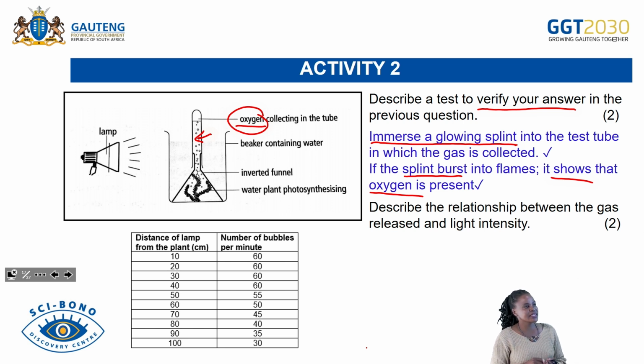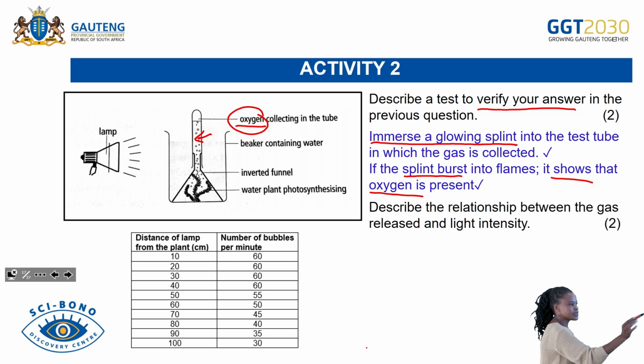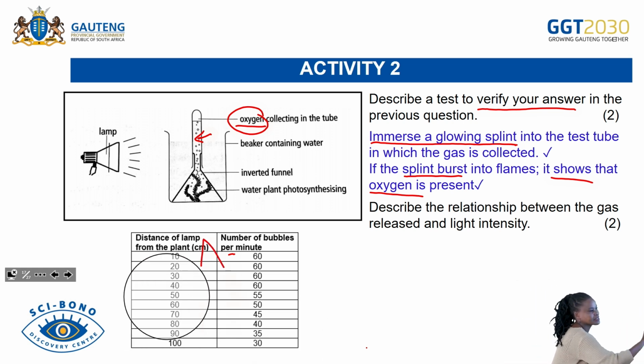Now the second question: describe the relationship between the gas released and the light intensity. What is the relationship between these two variables? Let me clarify.